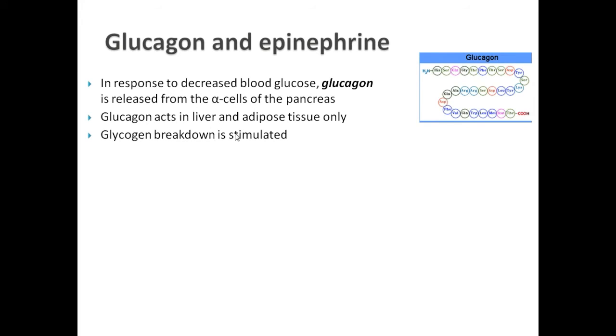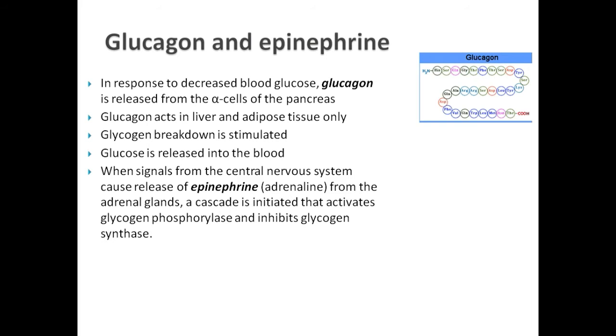Glycogen breakdown is stimulated, and also gluconeogenesis is stimulated, and this will allow glucose to be released into the blood. Remember, glucagon is a hormone that is produced when blood glucose is very low, and those effects will allow the cells to secrete glucose, and that will allow blood glucose levels to rise again.